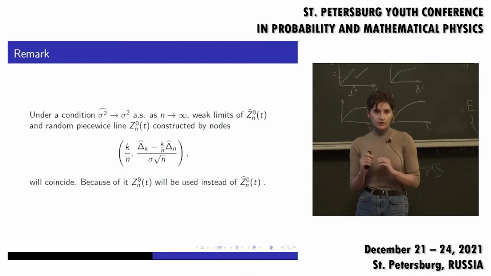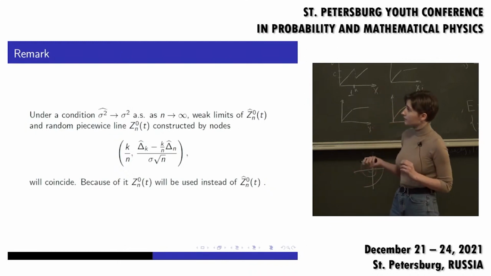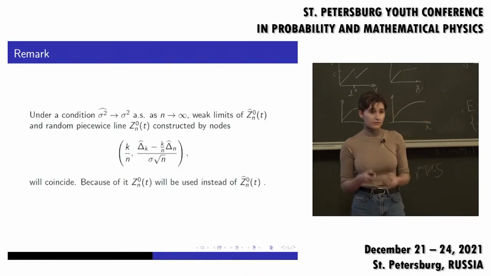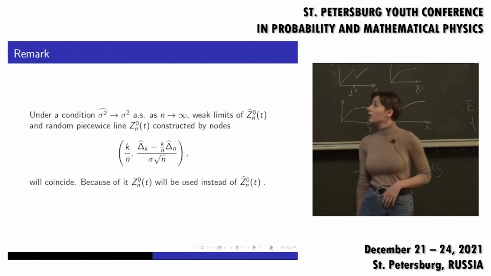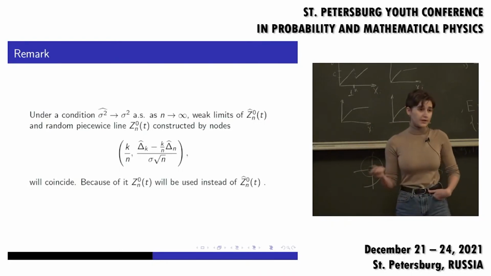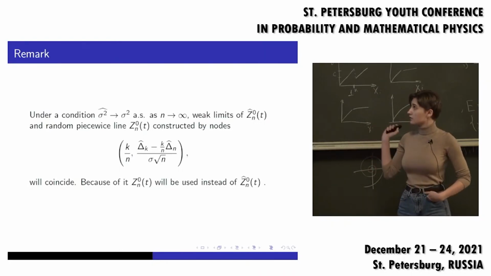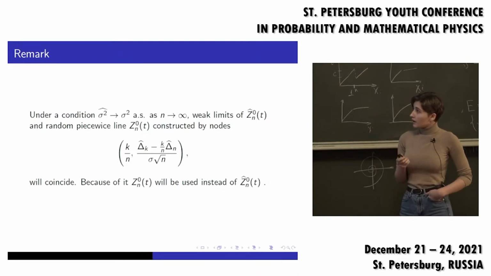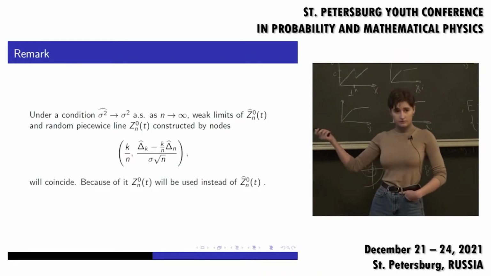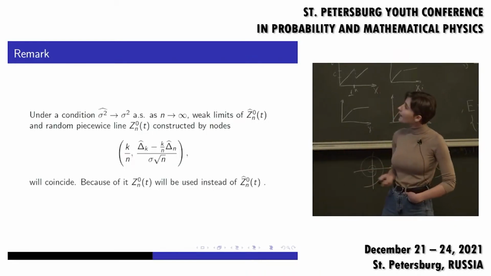But here I use not the estimator of sigma_n square, but only sigma_n square, because sigma_n square with hat tends to sigma_n square almost surely when n tends to infinity. And further, if I speak about empirical bridge, I will speak about this line.